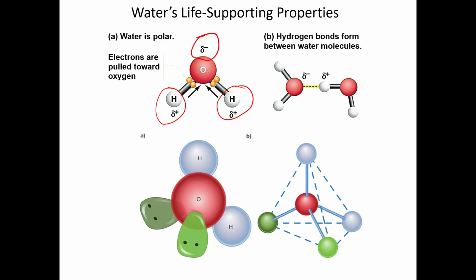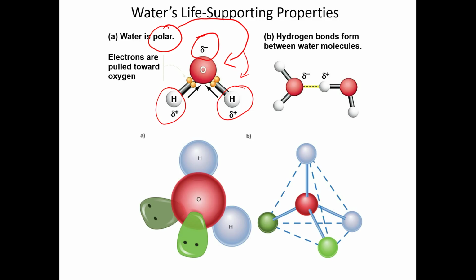So you end up with a negative end and a positive end. Water is a polar molecule because of what's going on here and here. The water molecule has two poles.